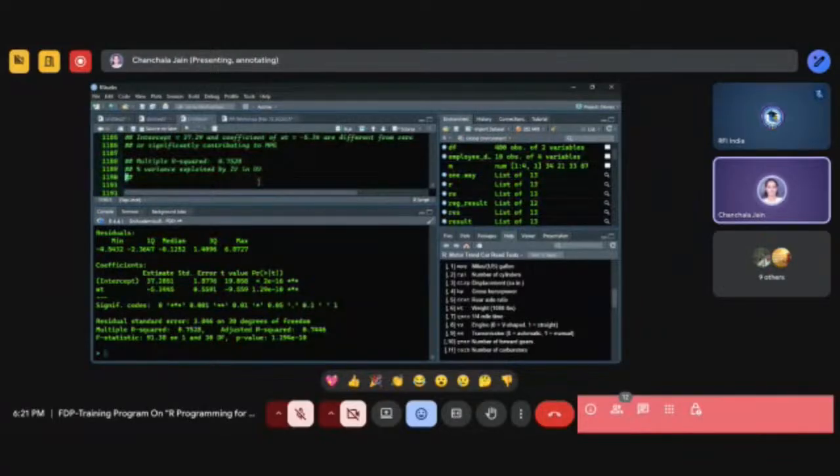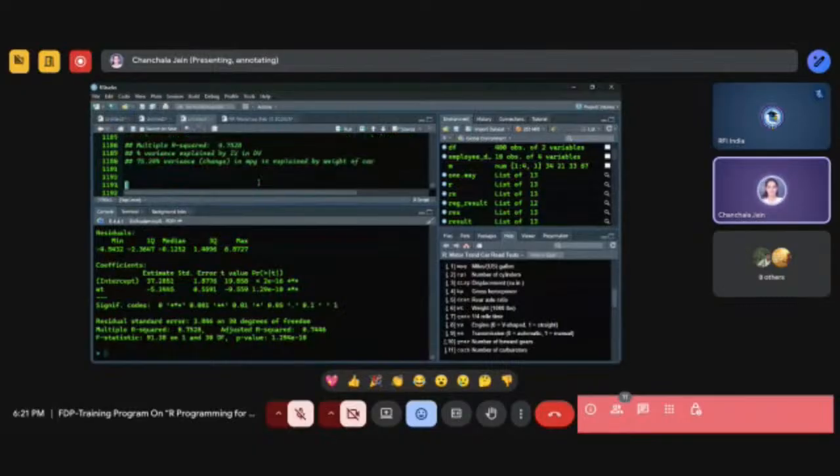I can say that 75.28% variance, that is change in MPG, is explained by weight of car.